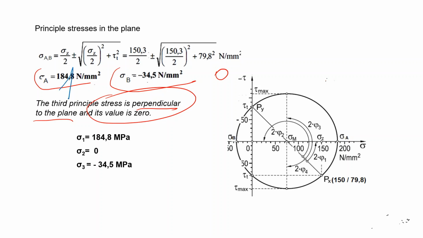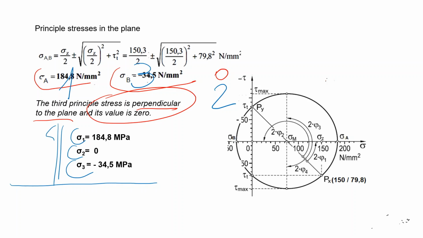This will be 2, and this will be principal stress number 3. 1, 2, 3. These are my principal stresses. Well, we will notice that the order of the principal stresses and that they are properly subscripted is very important for the failure analysis in strength of material.